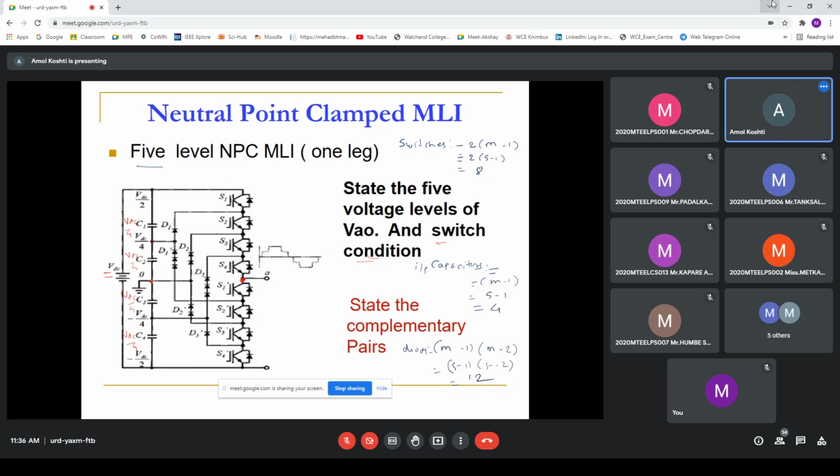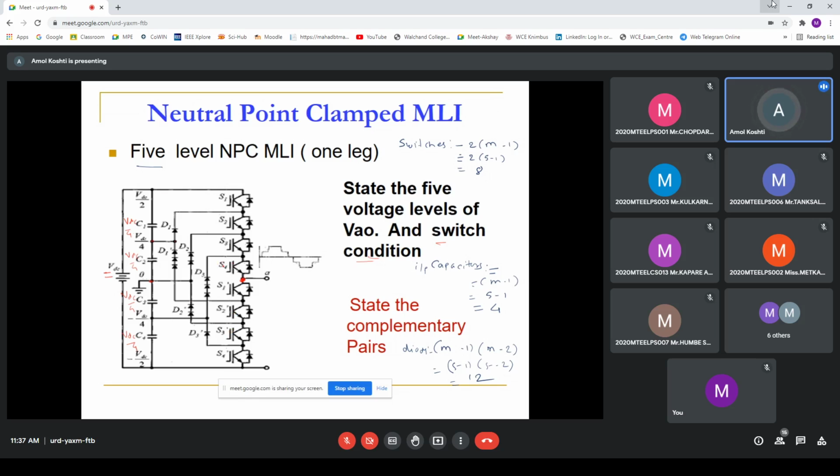Then the second intermediate point of C2 and C3. Here 2 diodes are connected in the upward side and 2 diodes in the downward side. The cathode of diode D2 is connected after the S2 switch, or in between S2 and S3, and the anode of D2 dash is connected after S2 dash, or in between S2 dash and S3 dash.